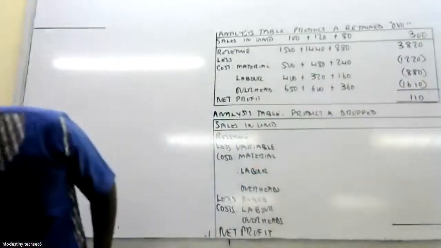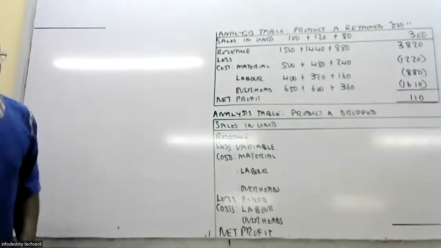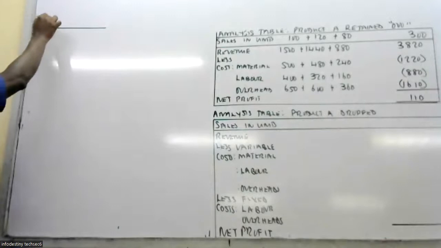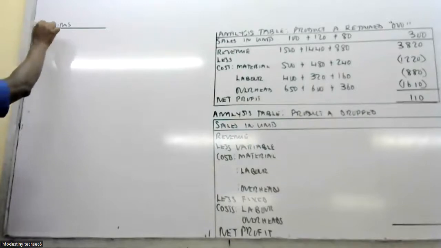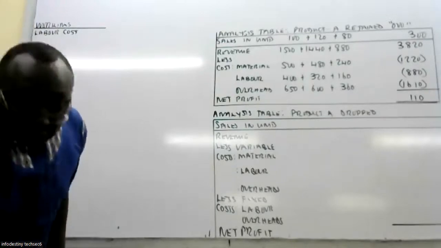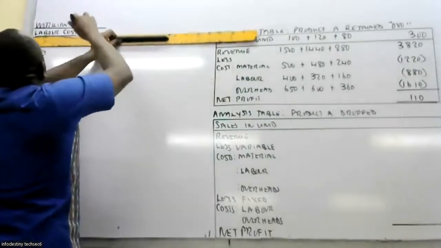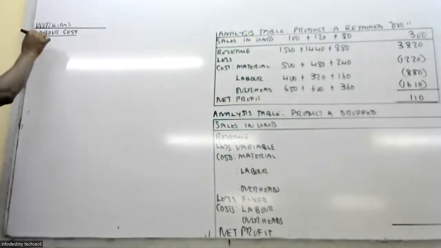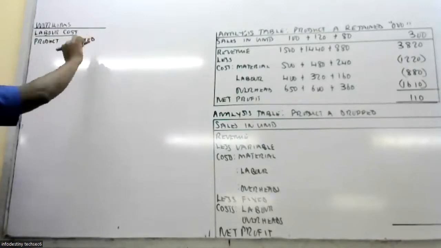If you look at the first information, inasema labor costs. So tumesema workings, so tuanze na labor costs. Tukuwe na products, tukuwe na fixed, alafu tutaweka variable huko.